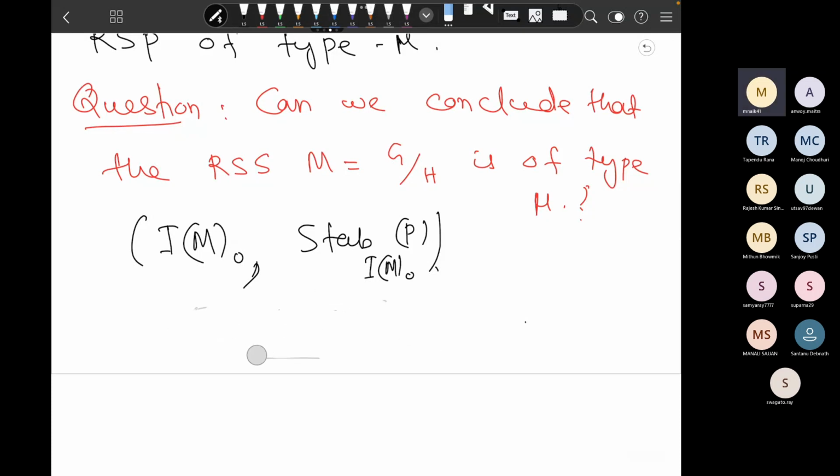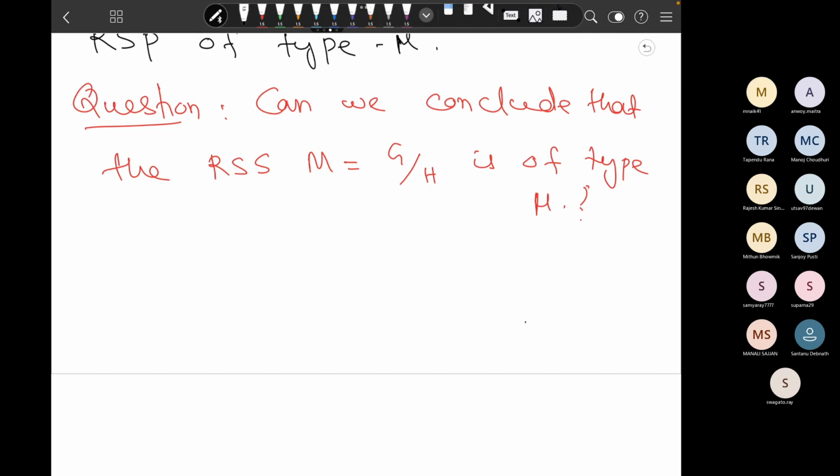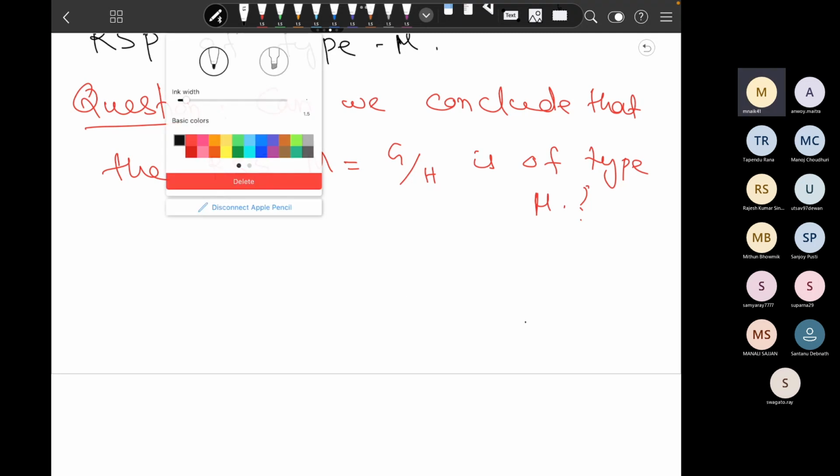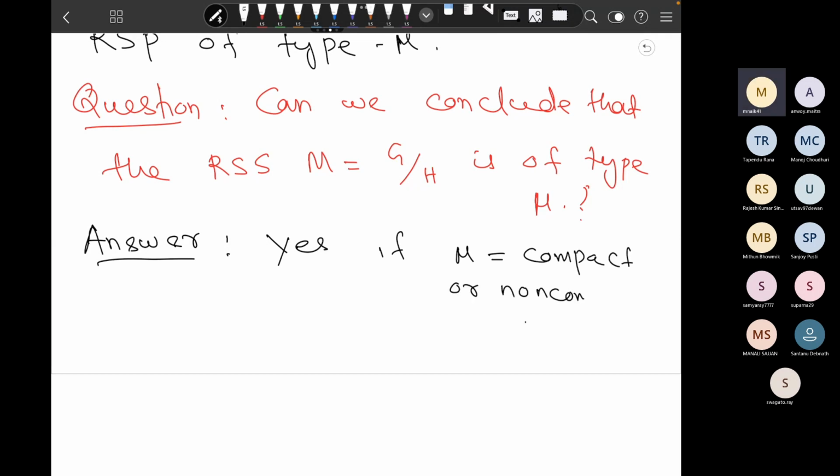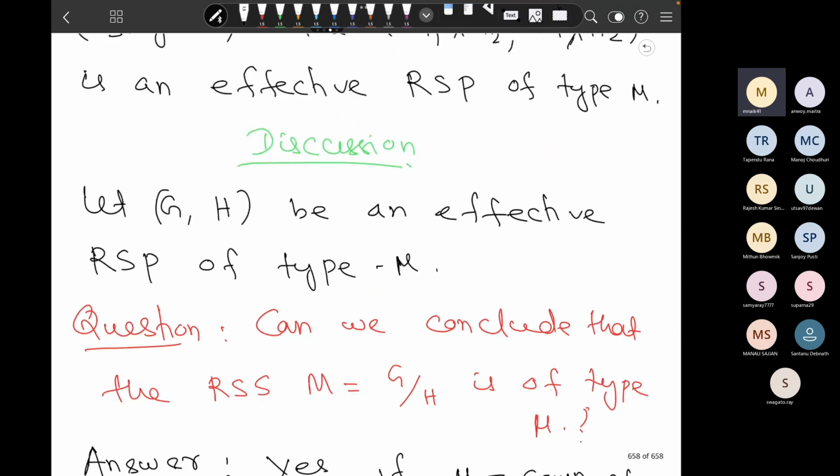The example I have given falls in this Euclidean type category. So the answer is yes if mu is either compact or non-compact. For a Euclidean type, you cannot really conclude. So this is the thing.